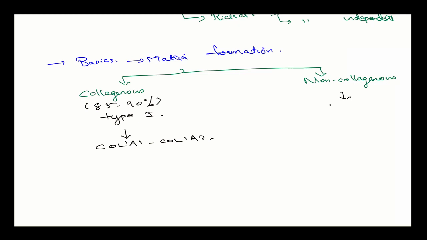Then there are non-collagenous proteins, which is DSPP, dentine sialophosphoprotein. The gene is very easy, the DSPP gene. So DSPP is a non-collagenous protein, and the gene is the dentine sialophosphoprotein gene.